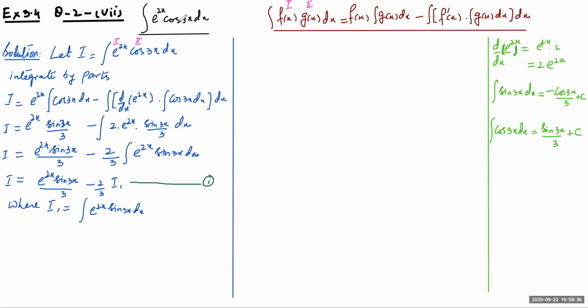And now I'm going to perform integration by parts for I1 using e to x as first function and sine 3x as second function.